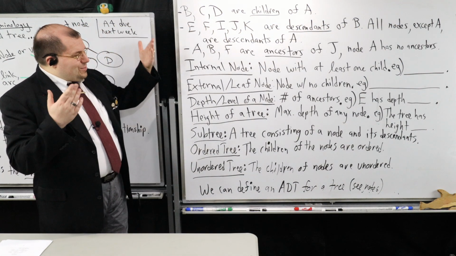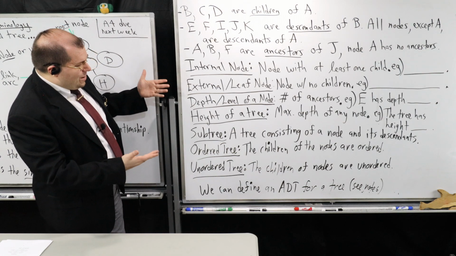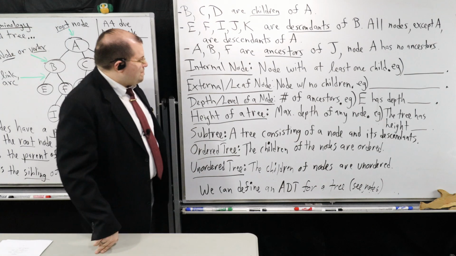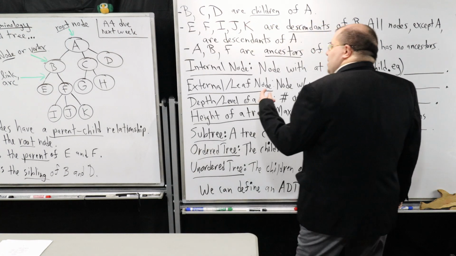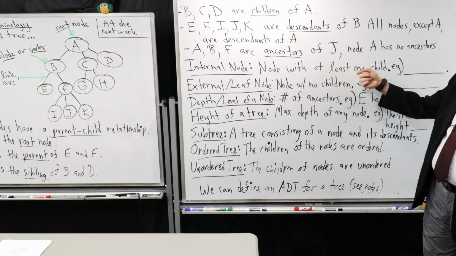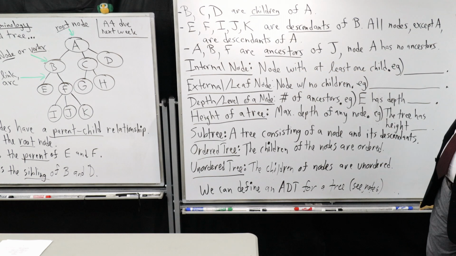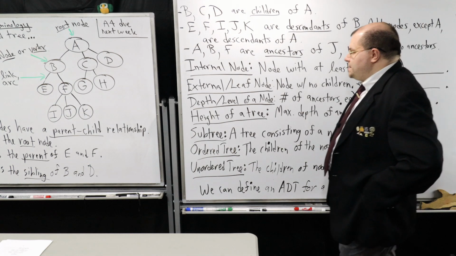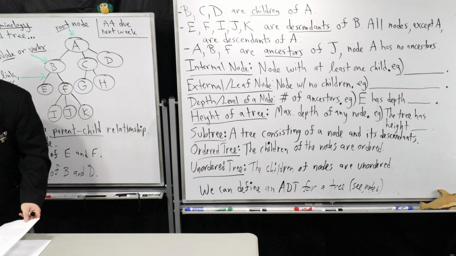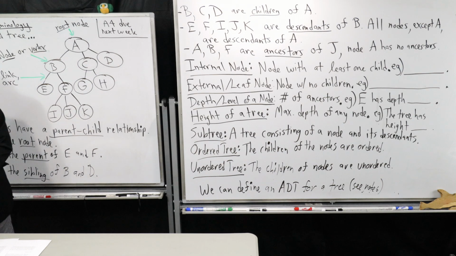So now we're going to go through some more terminology, but I thought we'd have some fun figuring them out. We first have to talk about an internal node. An internal node is simply a node with at least one child. Let's talk a little bit about this. Can somebody tell me what all of the internal nodes of this tree are?